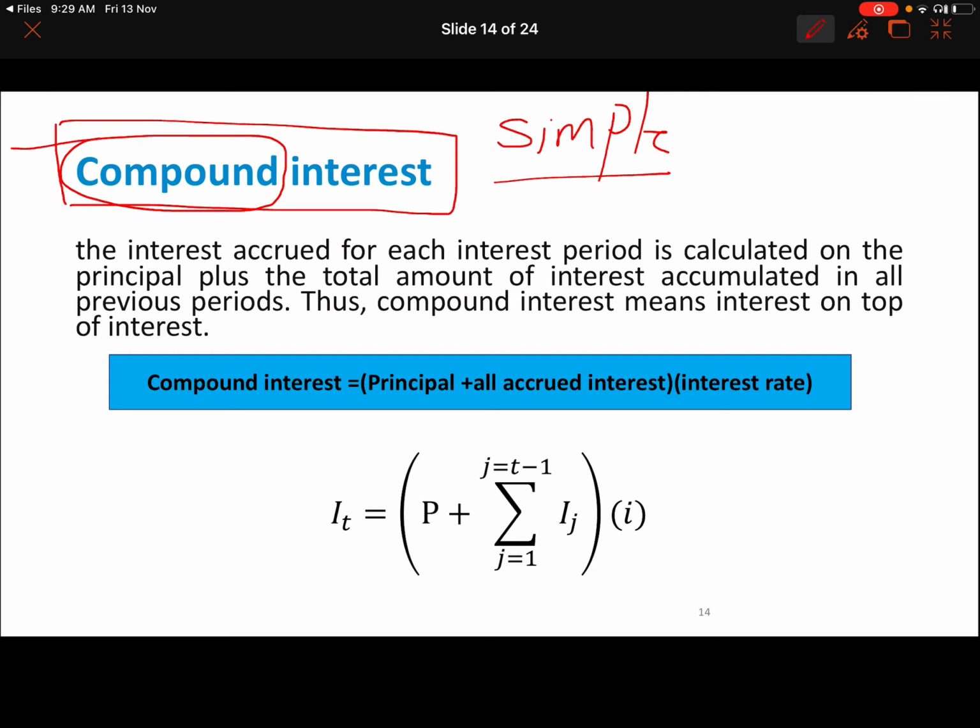Interest accrued for each interest period is calculated on the principal plus the total amount of interest accumulated in all previous periods.